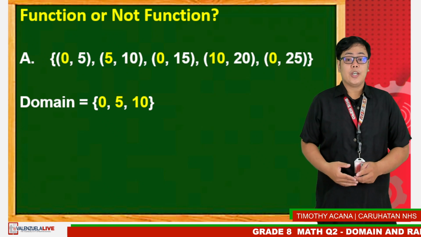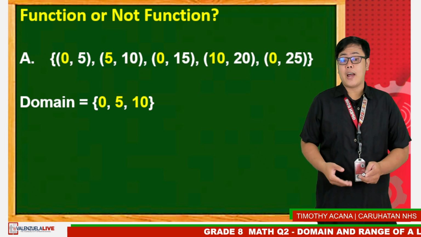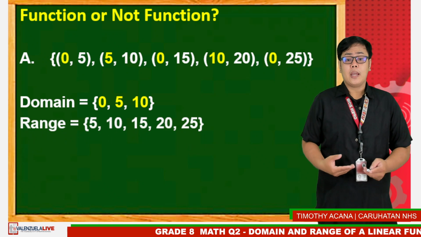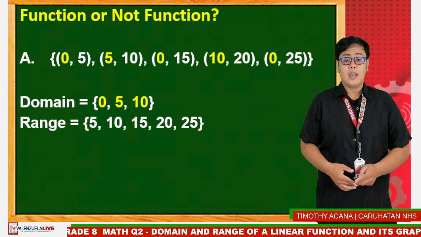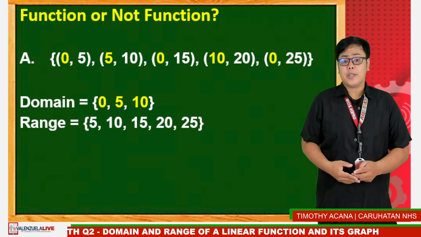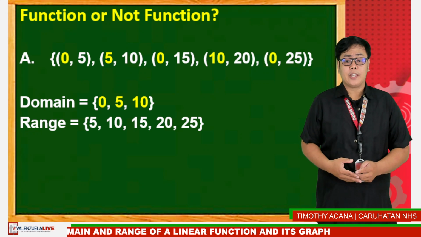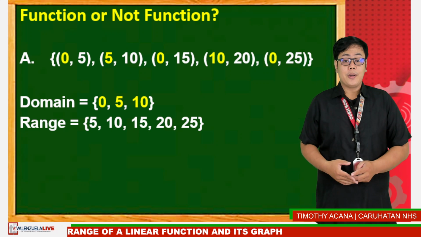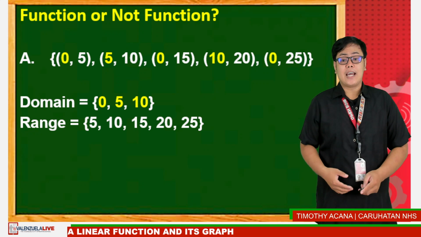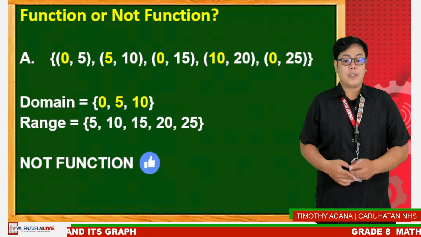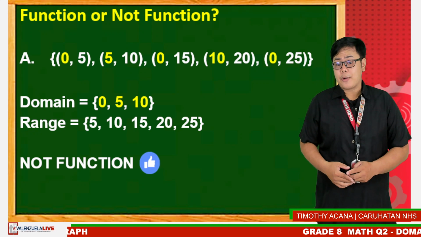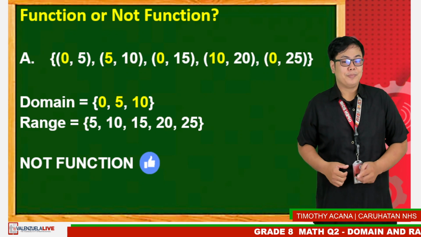And the range is the set containing the elements 5, 10, 15, 20, and 25. As you have noticed, 0 appears 3 times as our first coordinate. Therefore, the given relation is not a function, since the x-coordinate should not be repeated. Did you press the like react button? That's great.